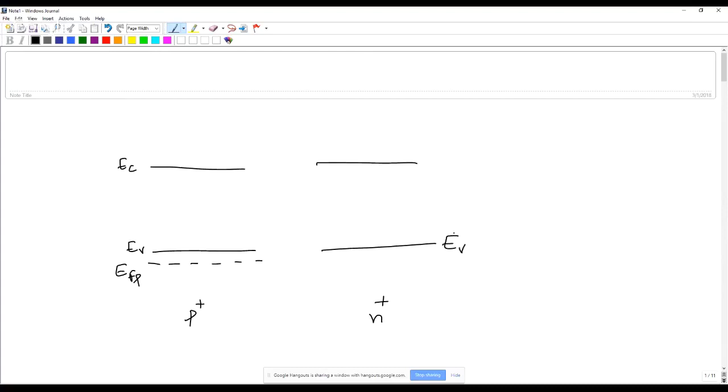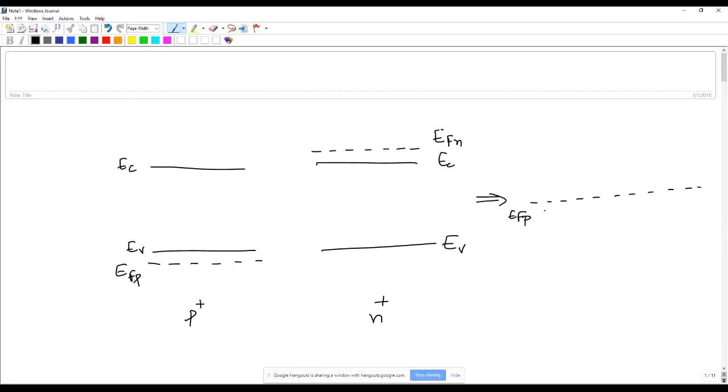And here I have the Fermi level in the conduction band. So EFN. These are essentially heavily doped semiconductors. Right now both of them are separate. We can then put them together. And when we put them together, once again we say that your Fermi levels must line up.